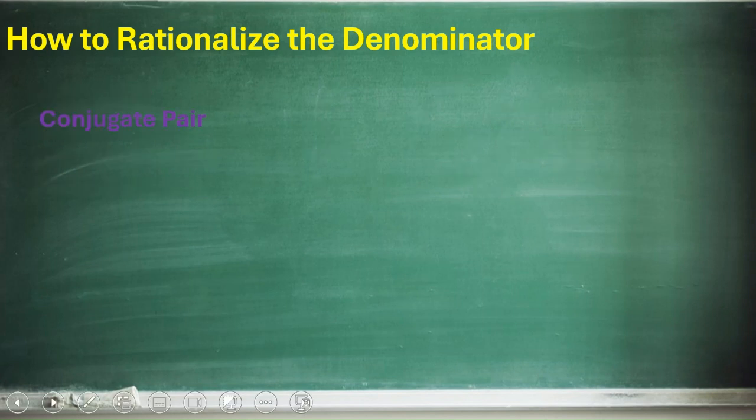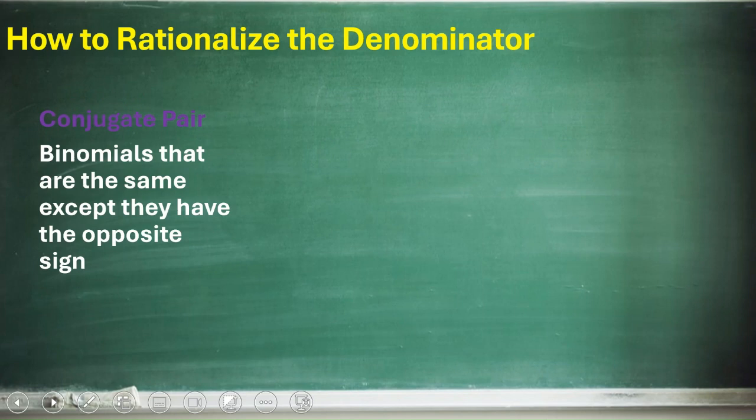So let's get started. We have new vocabulary to introduce here because we have to find conjugate pairs in order to rationalize the denominator when a binomial is present. A conjugate pair is a set of binomials that are the same, so the same numbers and same radicals, except they have the opposite sign in between them.